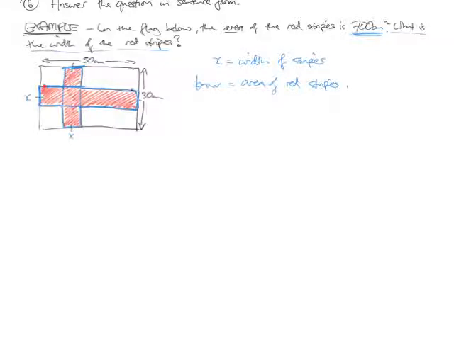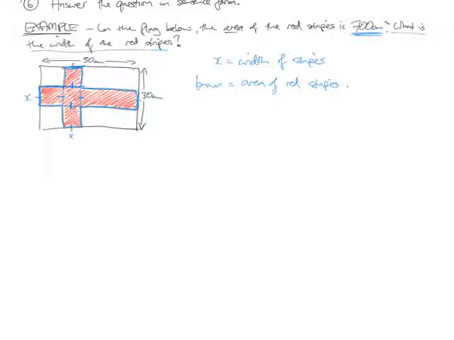So you need to find the area of the long one, the area of the short one, and then take away the area of this box in the middle, otherwise it'll be doubled up. The first thing to realize is, because they're rectangles, this is going to be a square in the middle. Alright, so we're getting somewhere.